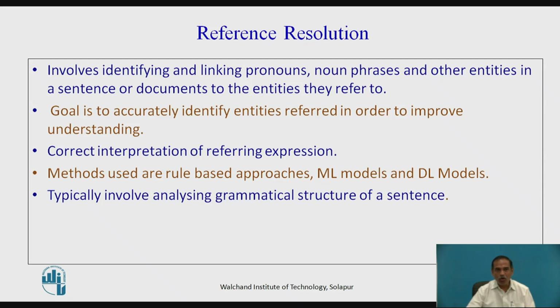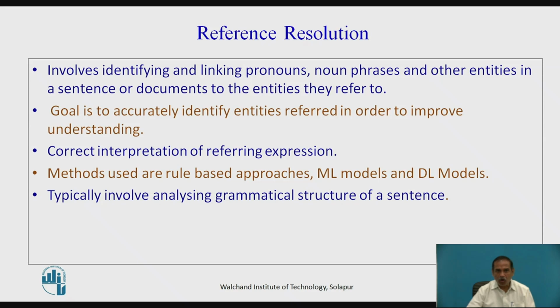The main goal is to accurately identify entities referred to in order to improve understanding, because a user requires relevant information to understand what these particular entities are actually defining. The correct interpretation of these referring expressions is needed, and the methods used are rule-based approaches, machine learning models, and deep learning models.